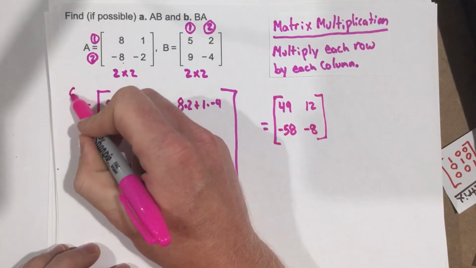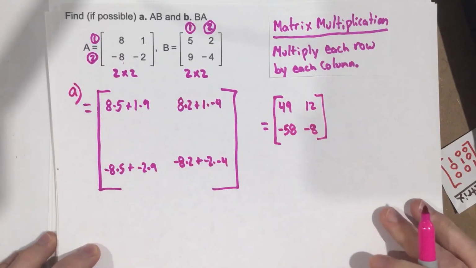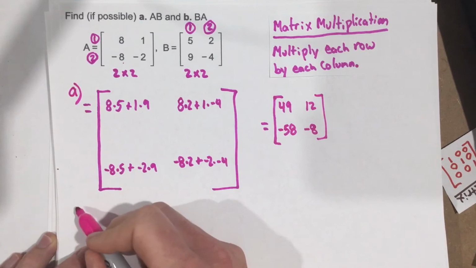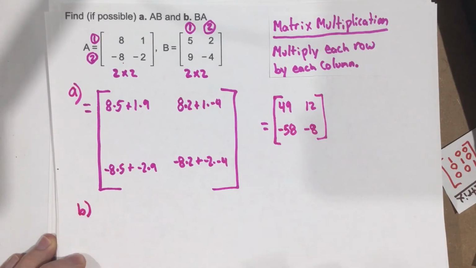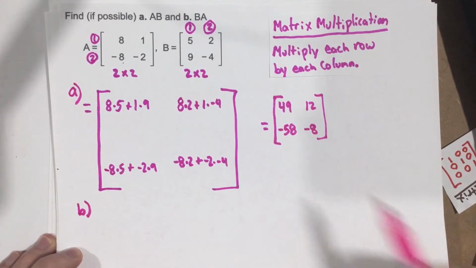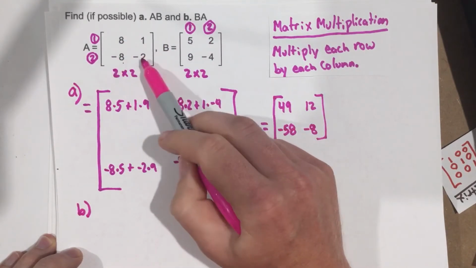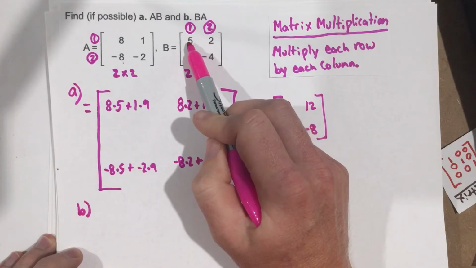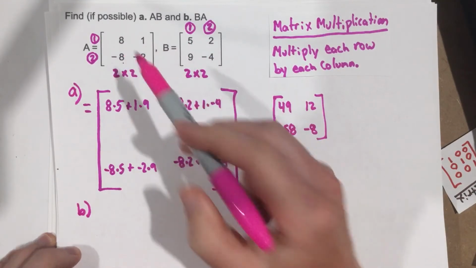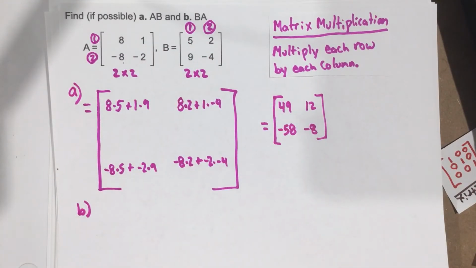Now part B, we're going to do the same thing, but we're going to do it backwards now. We're actually going to start with these two rows, and these are going to be the column parts. So I'm going to go ahead and mark those with a different color.